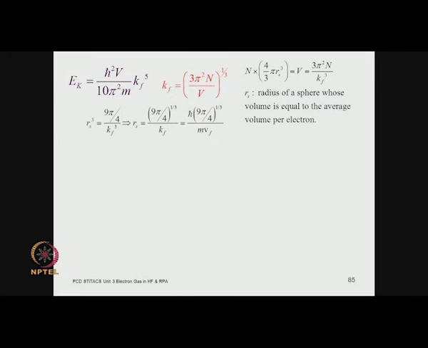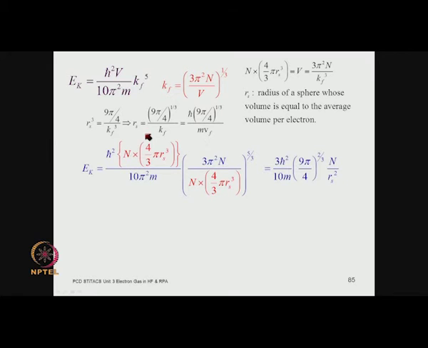Now, that gives you Rs, the radius of a sphere whose volume is equal to the average volume per electron, to be given by this relation.